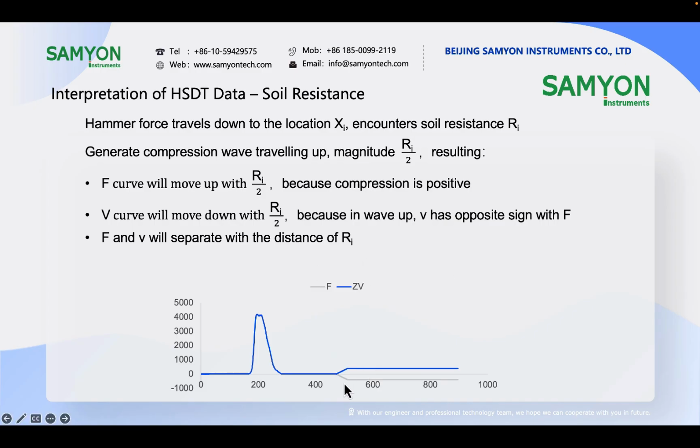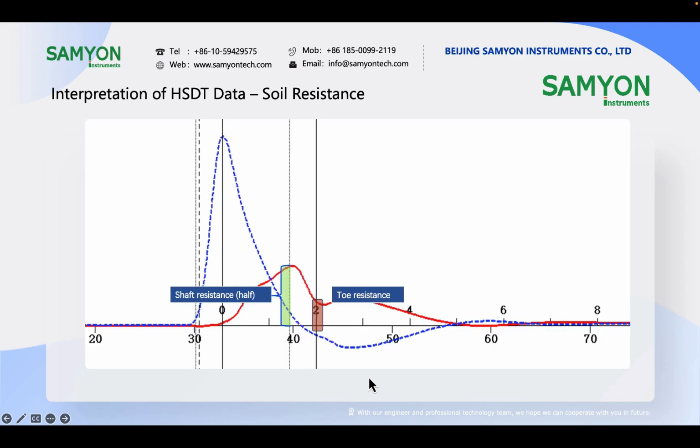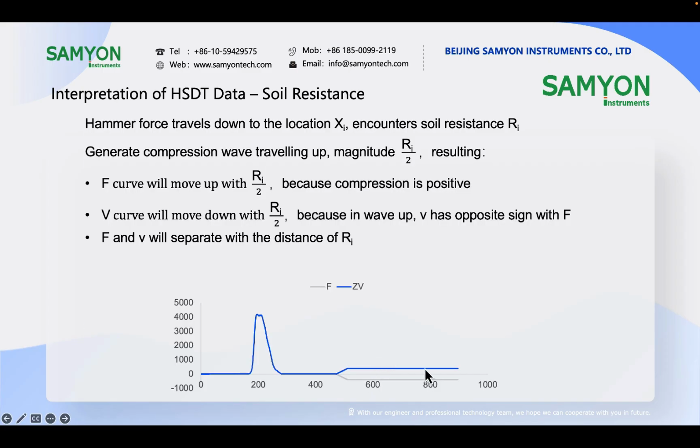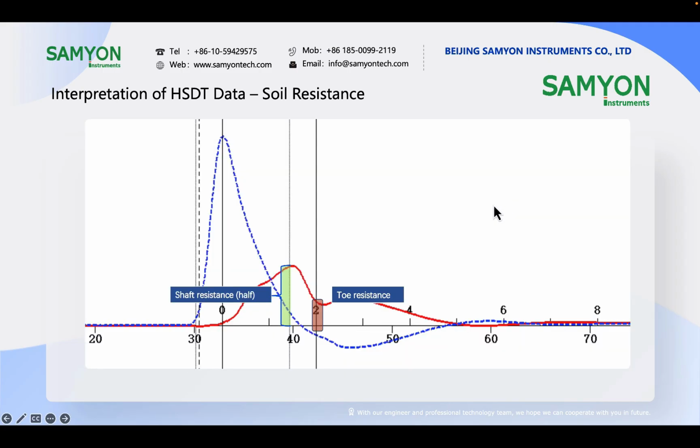So that makes the velocity curve go down with the magnitude of half Ri, right? So the force and the velocity will separate with the distance of Ri because of the soil resistance. And this is how the soil resistance works on the F and V curve.